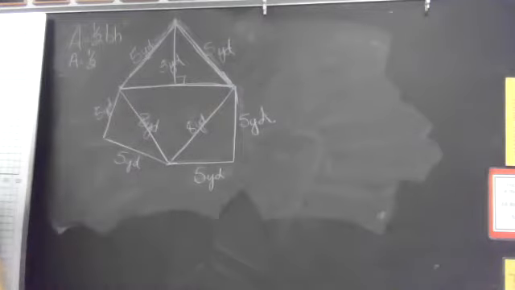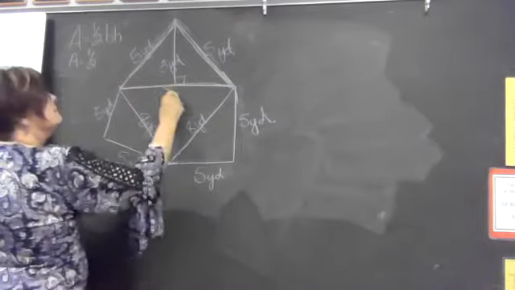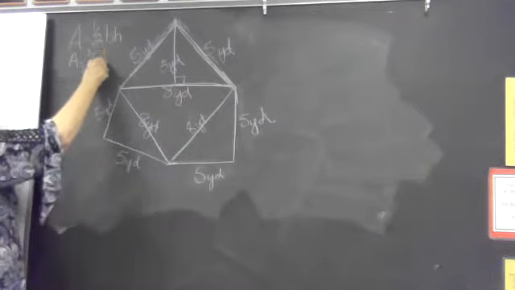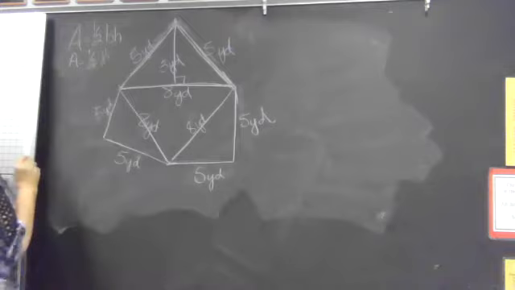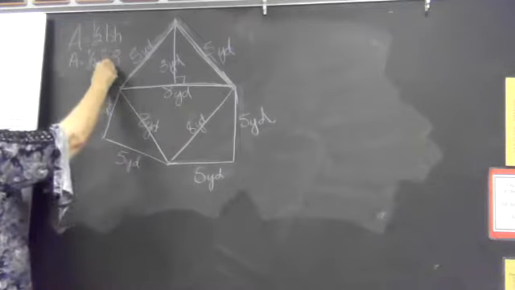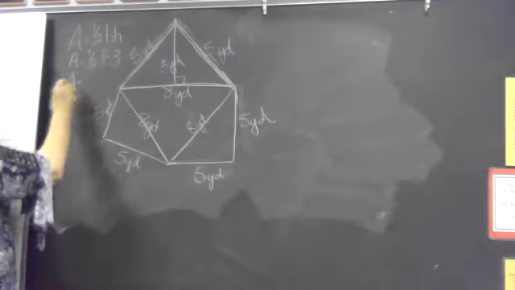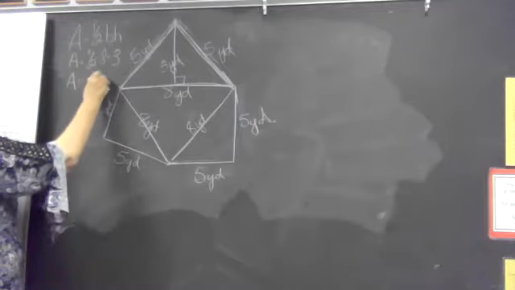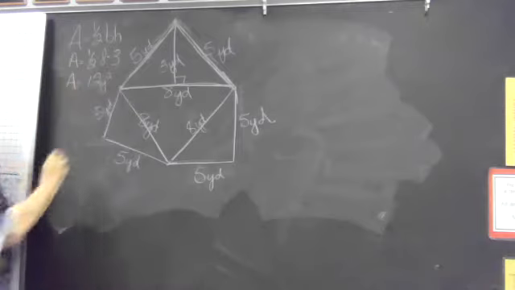So 1/2 times 8 times the height, 3. When you do this in your calculator, you should have 12 yards squared.